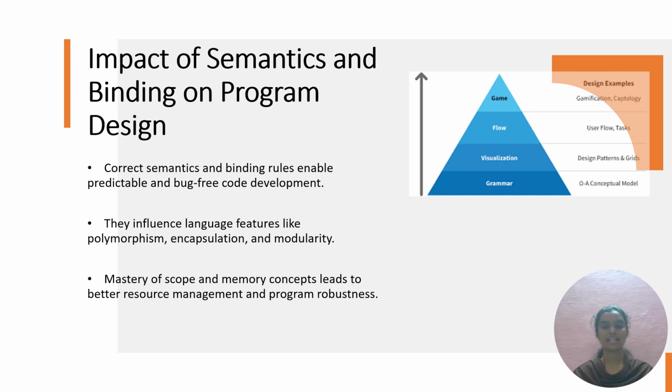They influence language features like polymorphism, encapsulation, and modularity. Correct memory management leads to efficient, stable programs. These factors together contribute to code readability, performance, and maintainability. Mastery of scope and memory concepts leads to better resource management and program robustness.